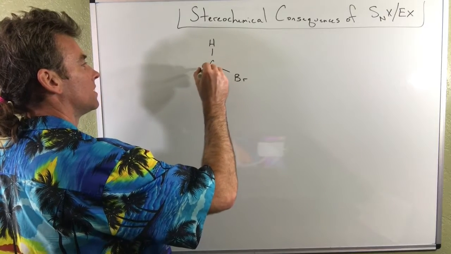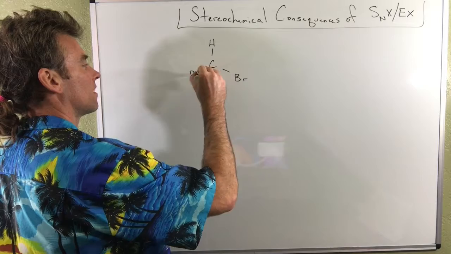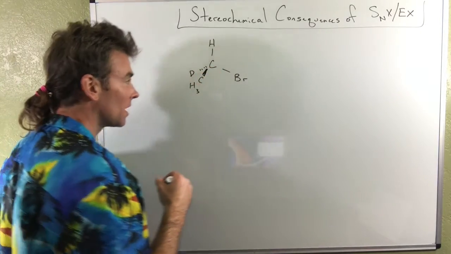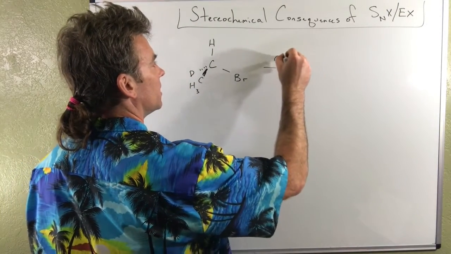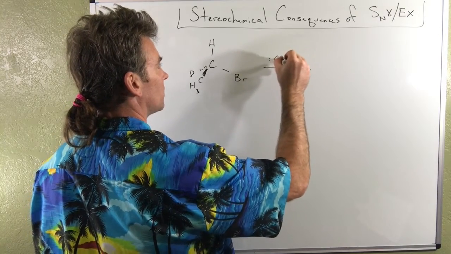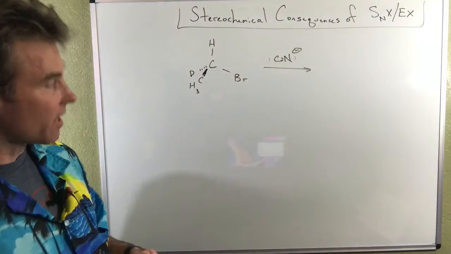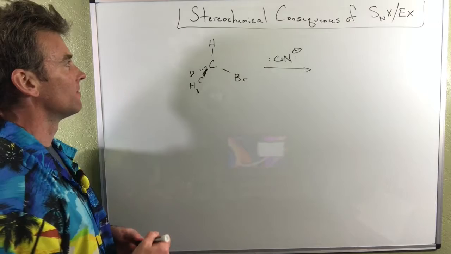We'll set this up such that we're very likely to get some sort of SN2 reaction. Let's choose a really good nucleophile that doesn't tend to do much else. And what we're going to keep track of is what happens in this SN2 reaction.